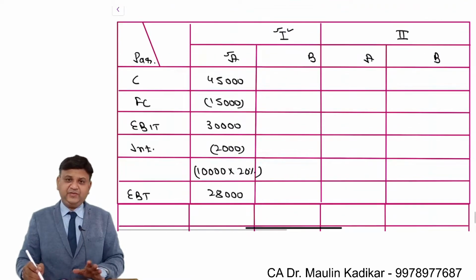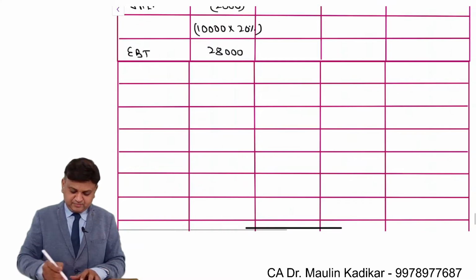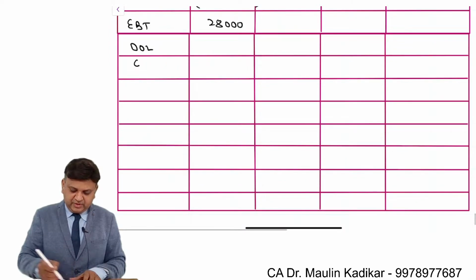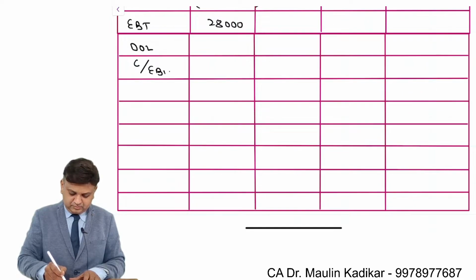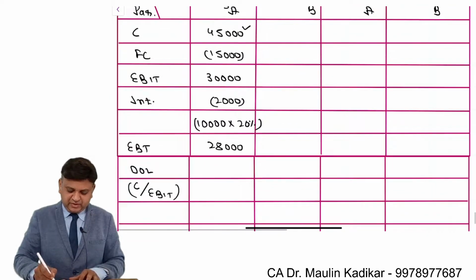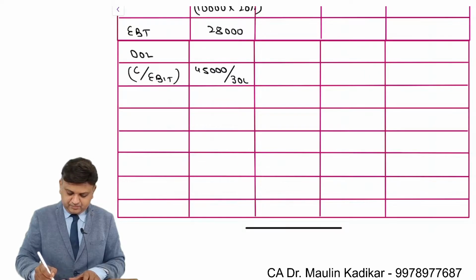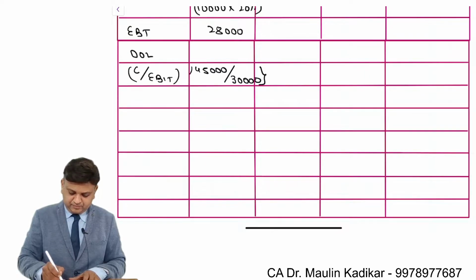Now friends, sufficient information is collected for the calculation of leverage. DOL is found as contribution upon EBIT. That is the way DOL is calculated. 45,000 upon 30,000, 45 upon 30, that comes to 1.50.